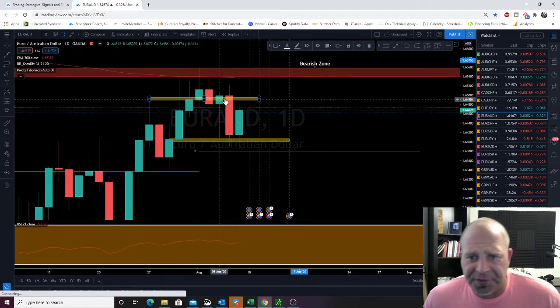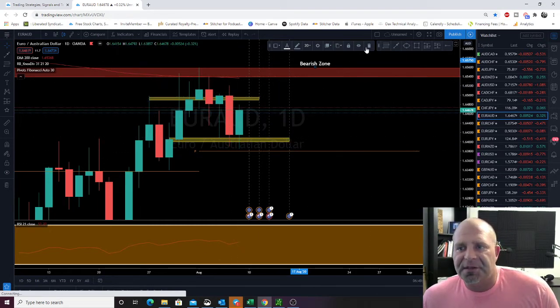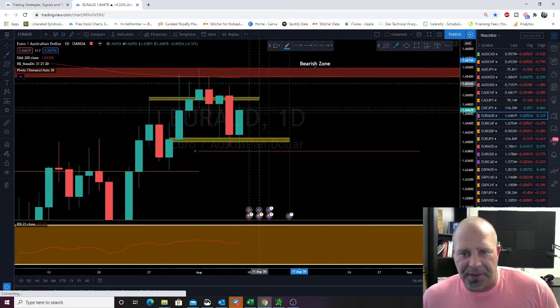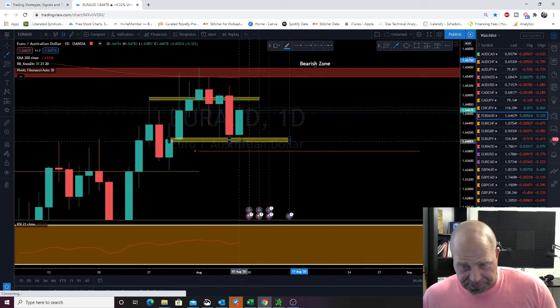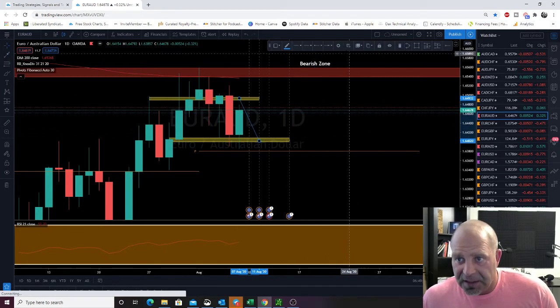All right, so we have two really good inflection zones that we're playing off. So, until we bust considerably up above it or considerably below it, I'm going to keep selling off of this and buying off of that until I'm proved otherwise.